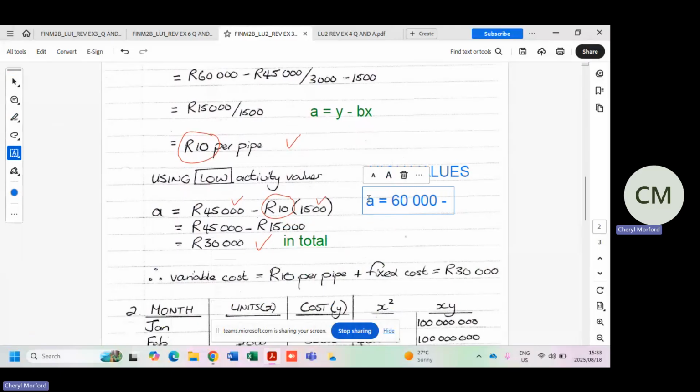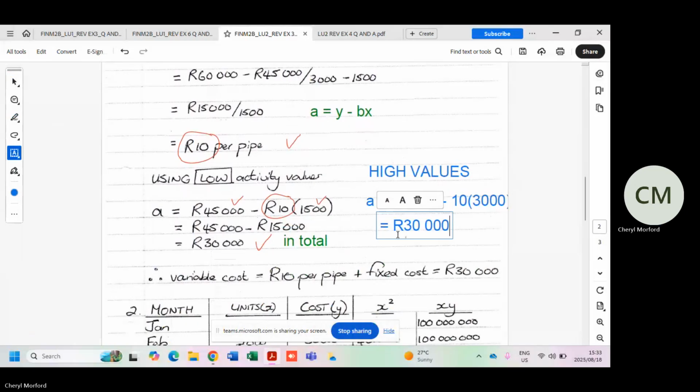And we're going to subtract your variable cost of 10 times the high units of 3,000, close bracket. If you do that, it's 60,000 less 30,000, which will also give us the same answer of 30,000. Do let your lecturer know which values you are using, in case you should make a mistake. So that's all there is to the high-low method.